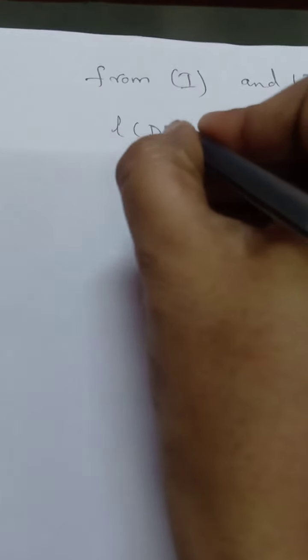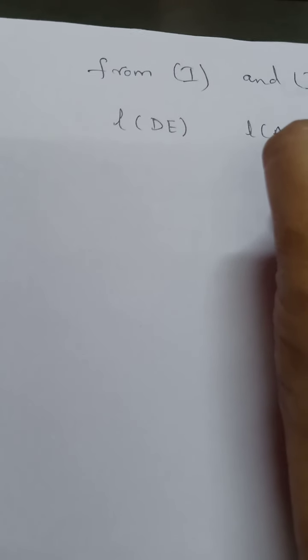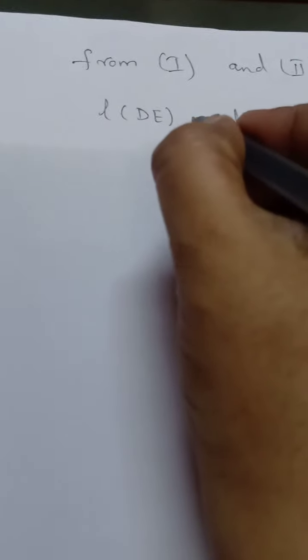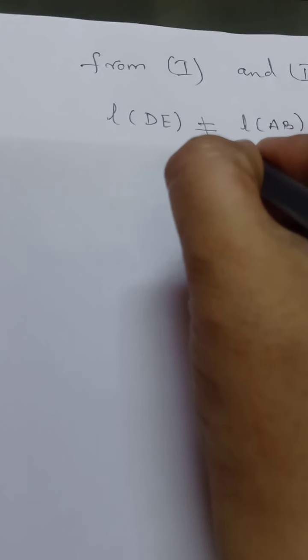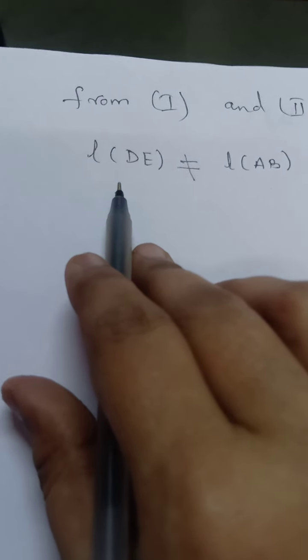So we will write here length of DE and length of AB, which we have taken from equation 1 and 2, and we have got that they are not equal. So we have cut the equal to sign. It indicates that it is not equal. If the lengths are not equal, the segments will be non-congruent, or we can say they are not congruent.